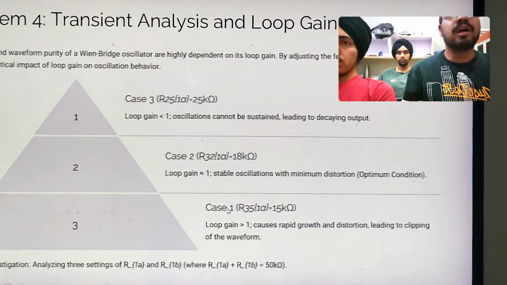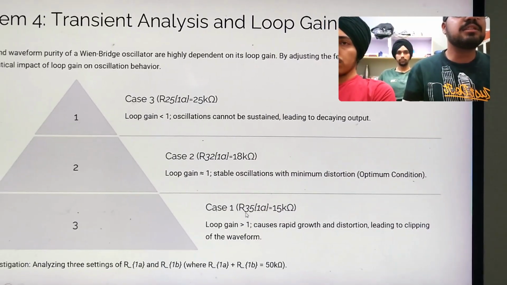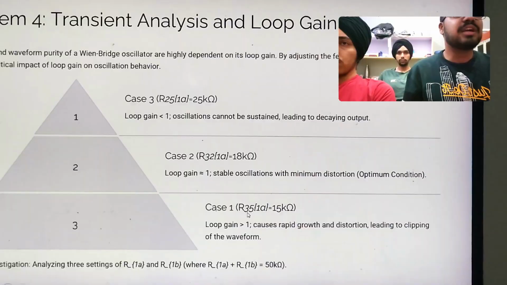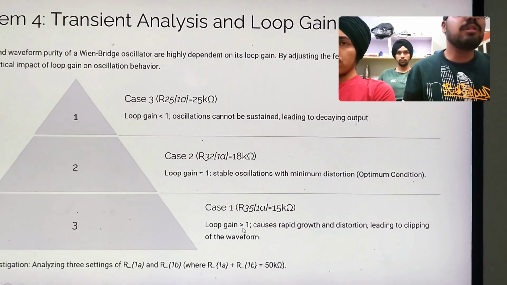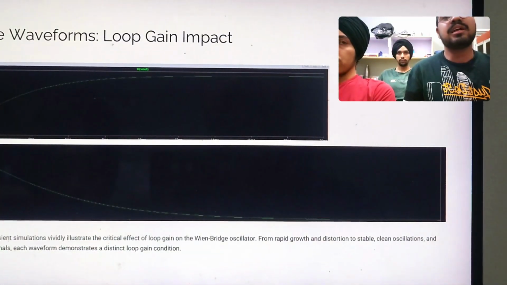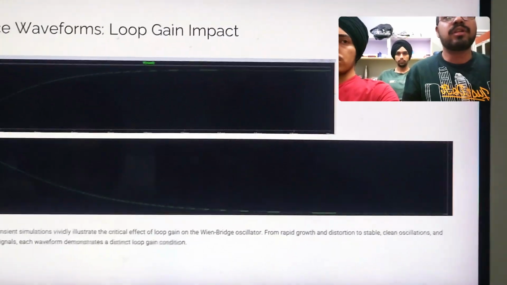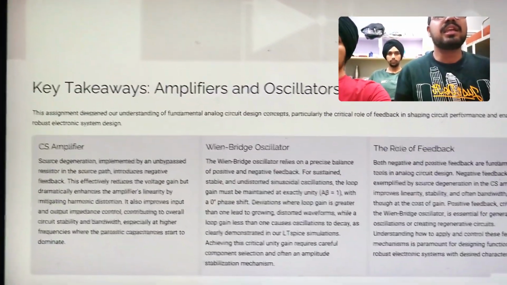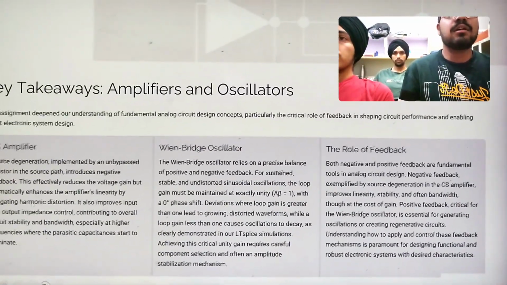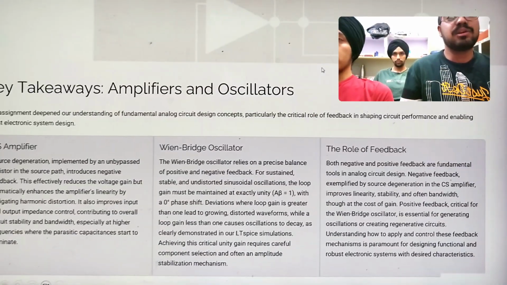And in the last case, when R3 is 35 and R1 is 15, the loop gain will be less than 1. In the next slide we can see the graphs that we have plotted for that, and after that there are key takeaways on the difference between the amplifiers and the oscillators.